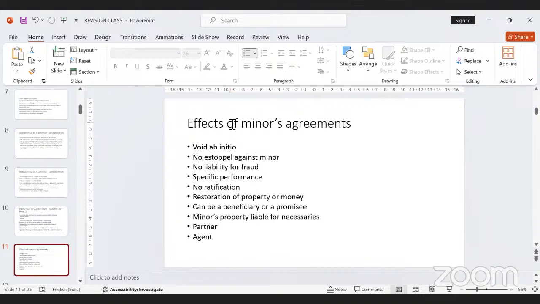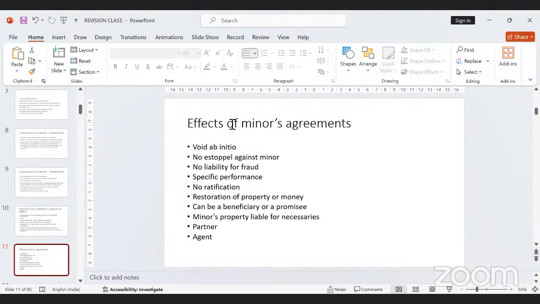Right? Next one, restoration of property or money. Can money or property be restored from a minor? Property or money can be restored from the minor if it is available in that form.